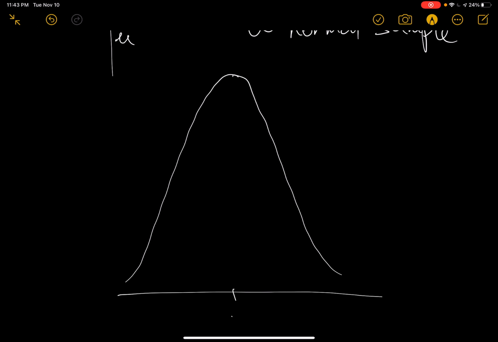The center line is mu. This is the center, the bell curve. And basically in quality control, it says, hey, in this range, that means good.